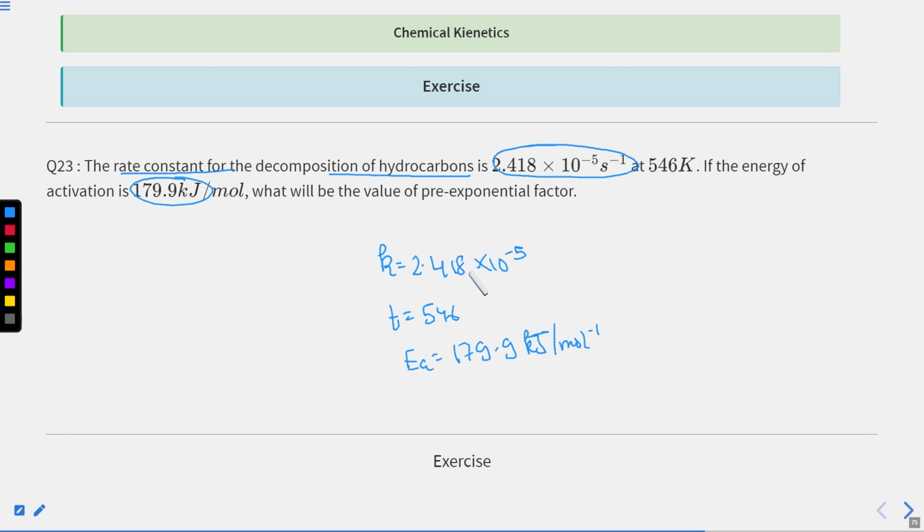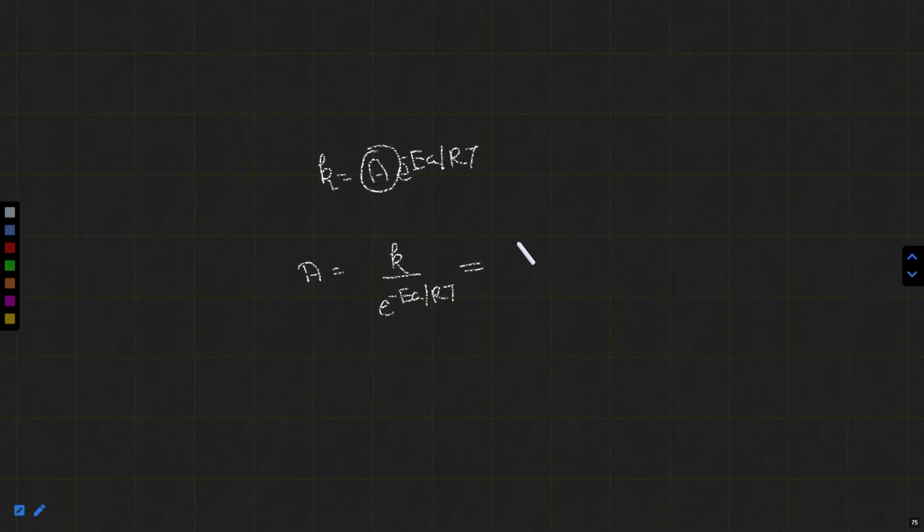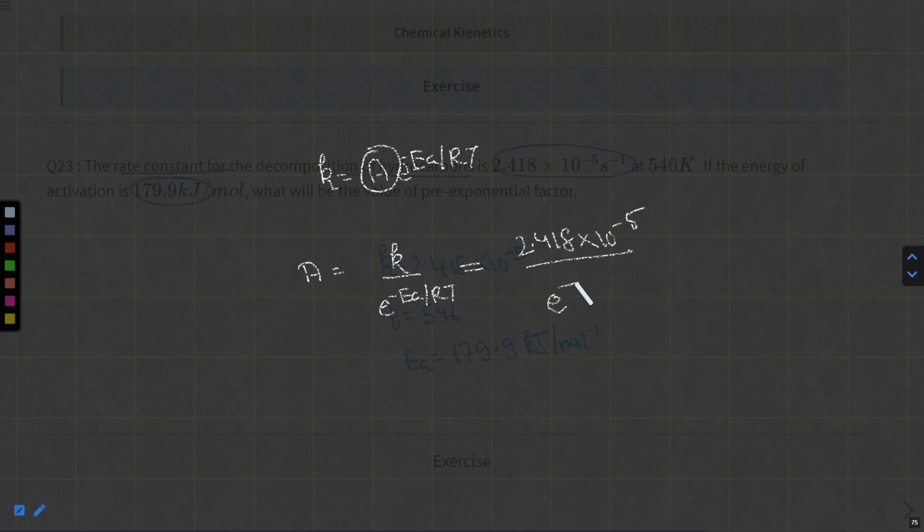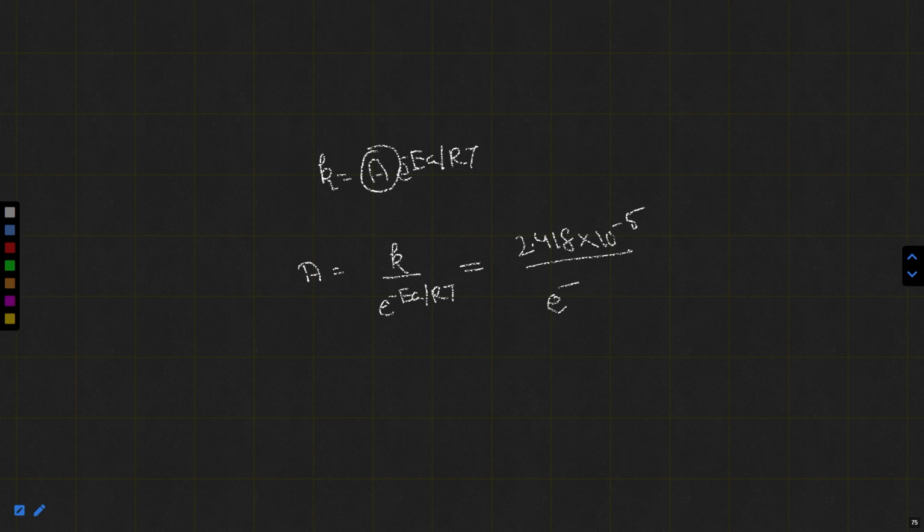Now let us put in the values that are given. K is 2.418 into 10 to the power minus 5, times e to the power minus Ea, which is 179.9 kilojoule per mole.